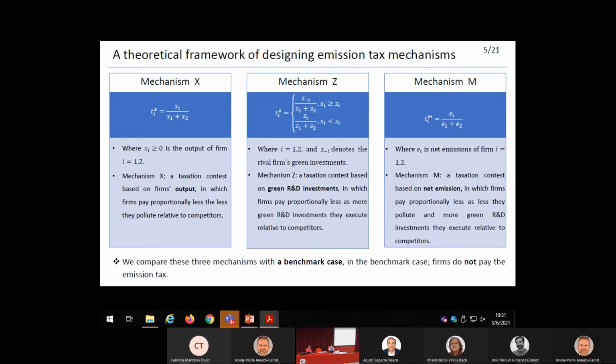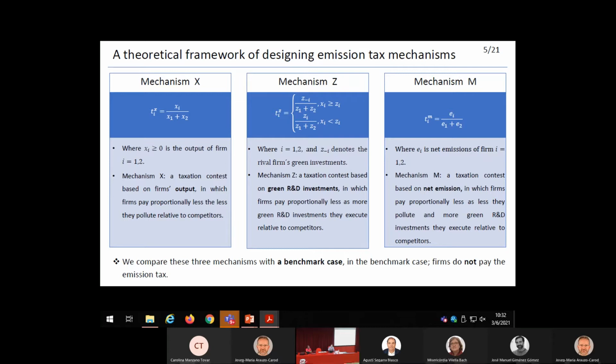Based on this consideration, we are trying to design three different and new emission tax mechanisms. We call the first one mechanism X. It is a taxation contest based on firms' output relative to other firms, and it favors lower firm output. It means the higher the production a firm produces, the more emission tax the firm needs to pay.